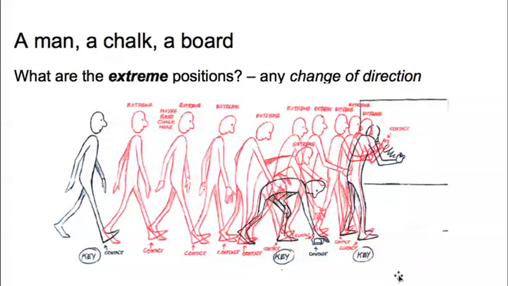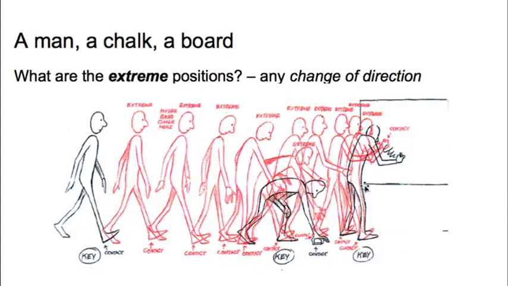And if you were showing your work to a director, you would probably want to show a pose test with all of your keys and all of your extremes on it. Because if you just showed a pose test using these 1, 2, 3 key positions, that's probably not really enough. But if you show the director a pose test with the 3 positions plus the extremes, then you're really blocking out the main action of the shot.